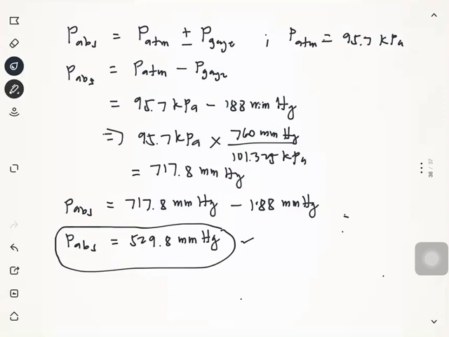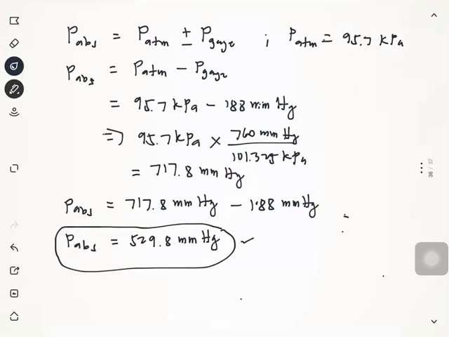We have now uniform units. Vacuum, that is negative, this is 188 millimeters of mercury. Therefore, we have our result.